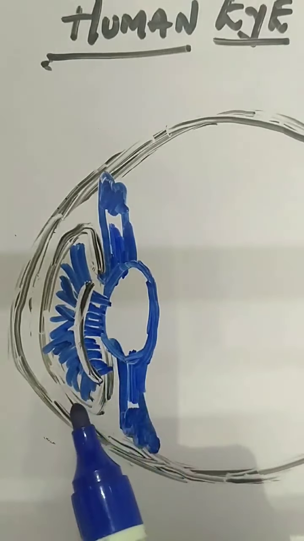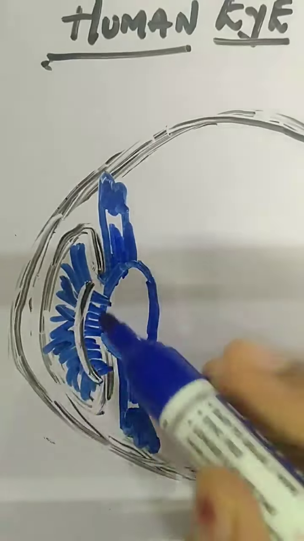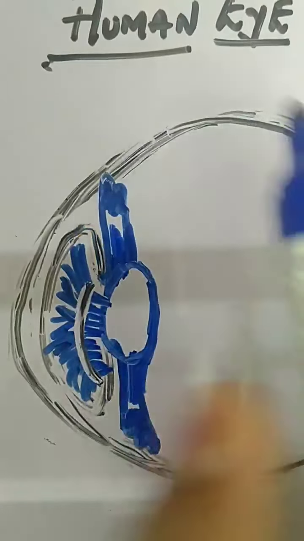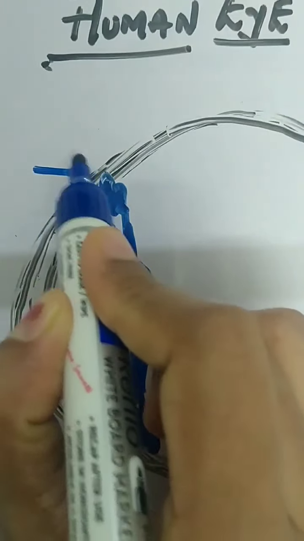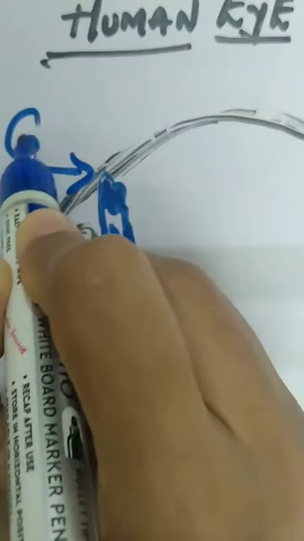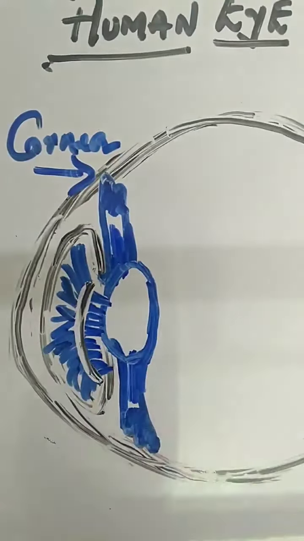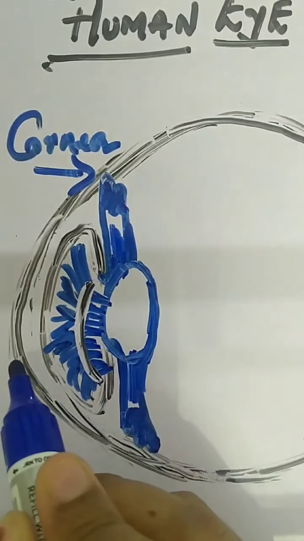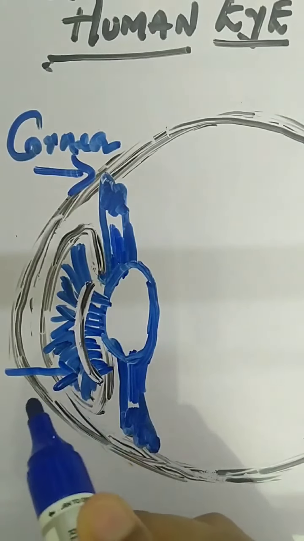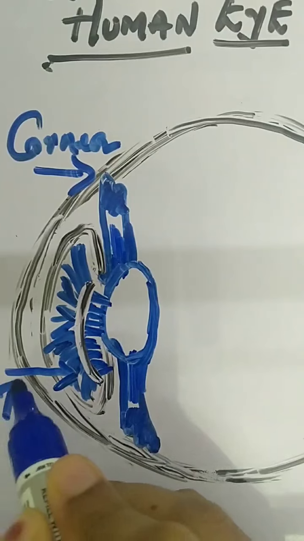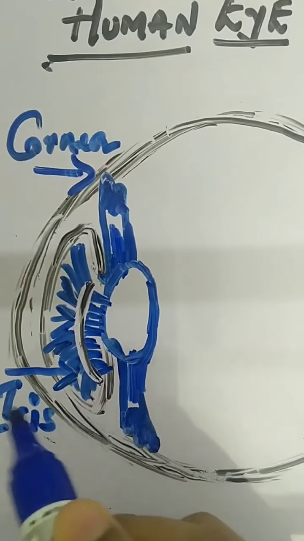So before we forget, we will write down the names. The outermost layer of the human eye which you drew is called the cornea. These are the important terms. This part which you drew is the iris.